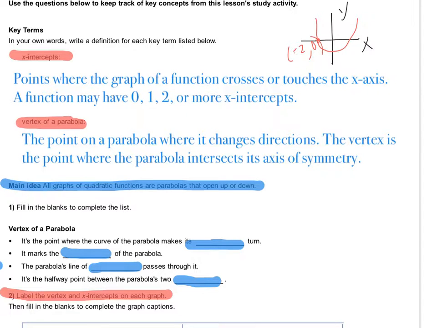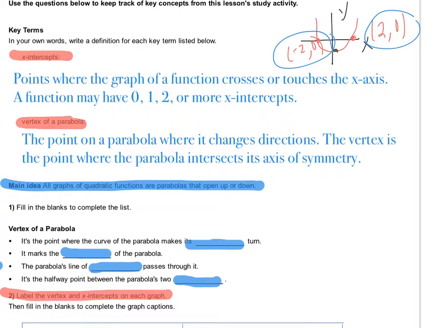The only thing that's important is that it's on the left side of the origin and it does not go up or down, so it's at 0. And then this point over here, I'm going to just call 2, 0. All right. In this case, the x-intercepts are going to be negative 2, 0 and 2, 0 because that's where it crosses the x-axis. And then the vertex is just where it shifts.